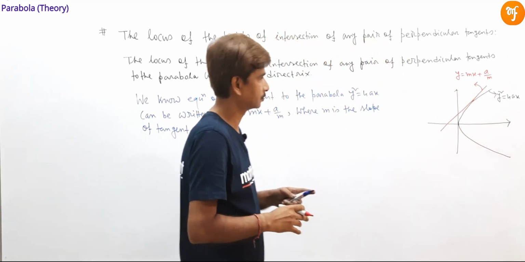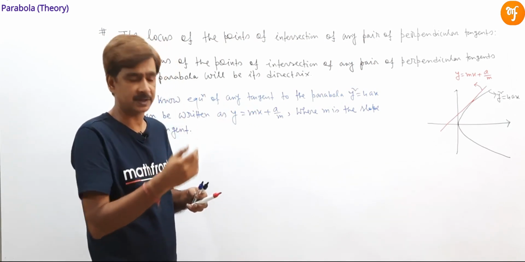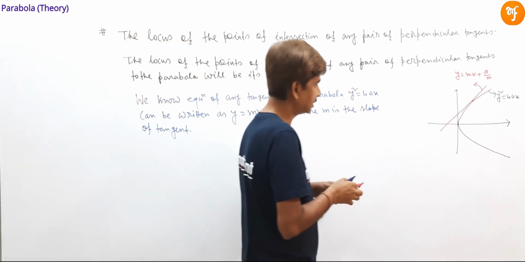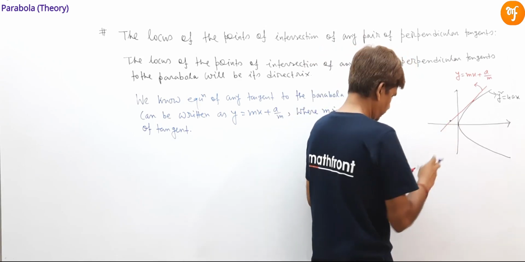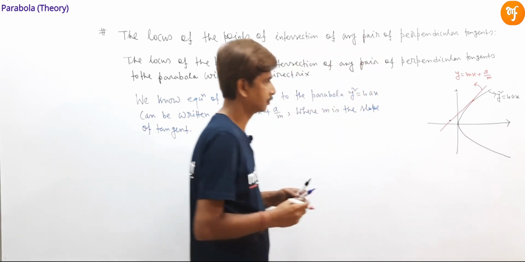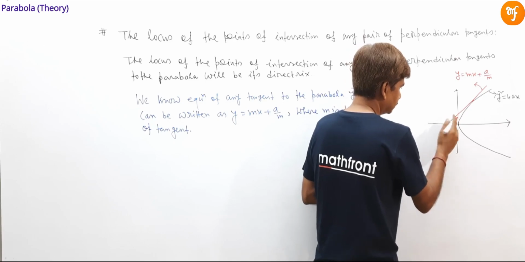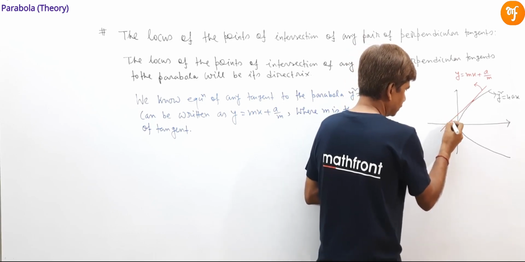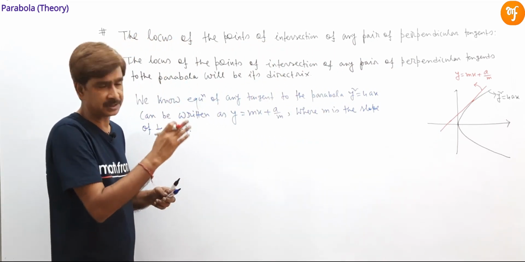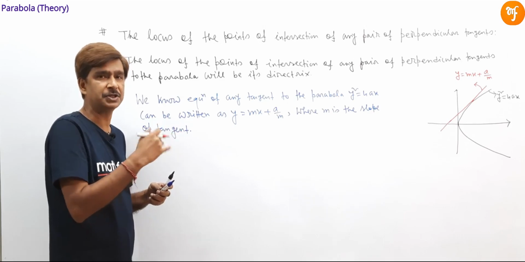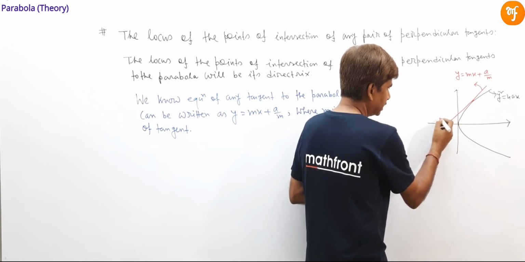Is it? Now, if this tangent is passing through a point h comma k, so just draw here the point h comma k.